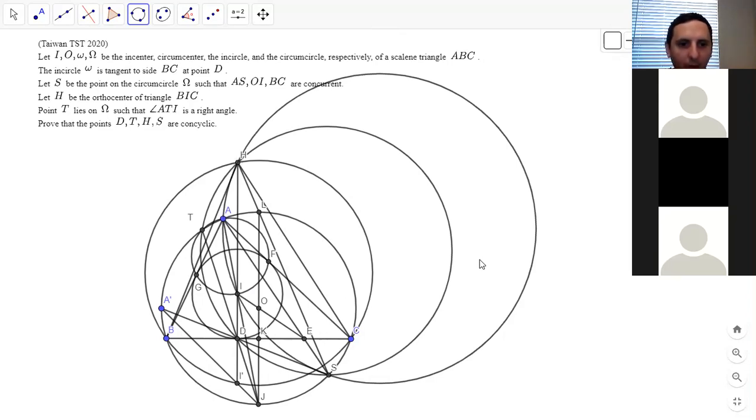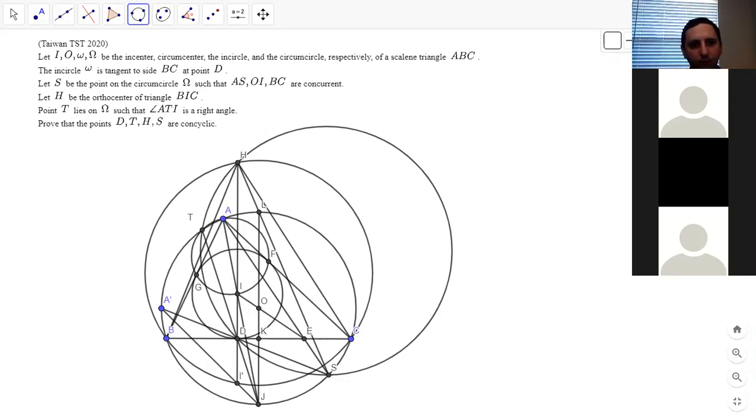This looks a lot like the power ratio lemma. So we want to show angle AHI is equal to angle ASI.